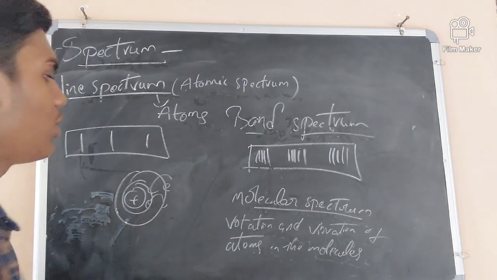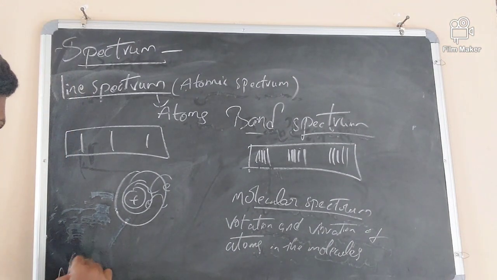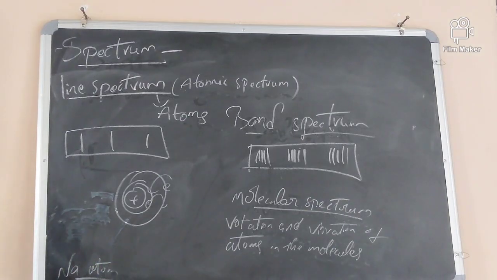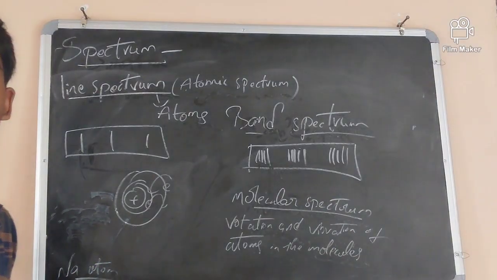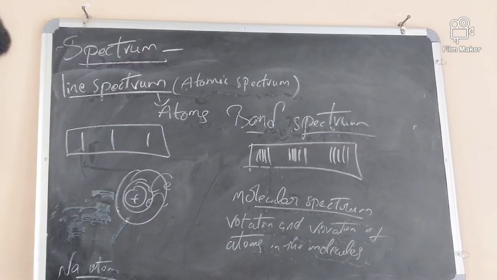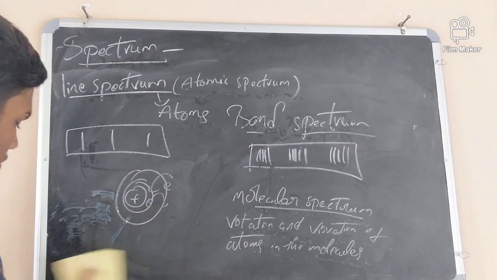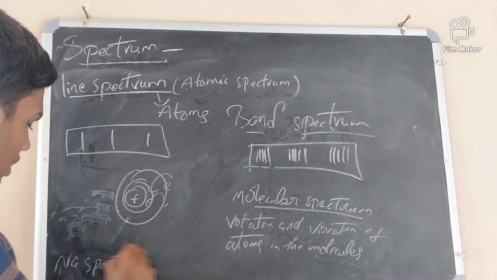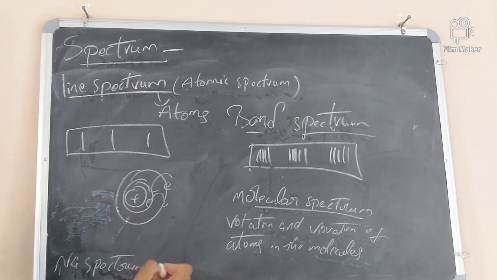One more important point is about the sodium atom. The sodium spectrum contains two yellow lines.